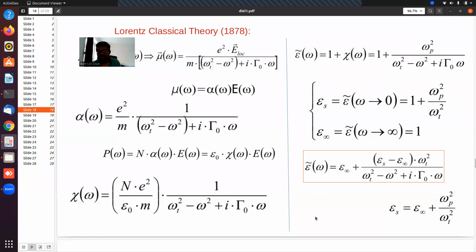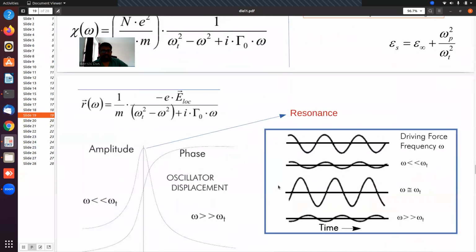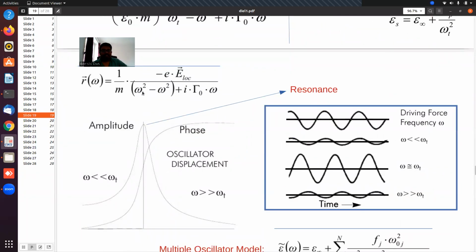This expression, derived long ago from such a simple model system, is still used for all dielectric measurements, by experimentalists and even theoreticians. Here it is modeled with a single oscillator, and elsewhere with multiple oscillators. The resonance appears when omega equals omega naught.